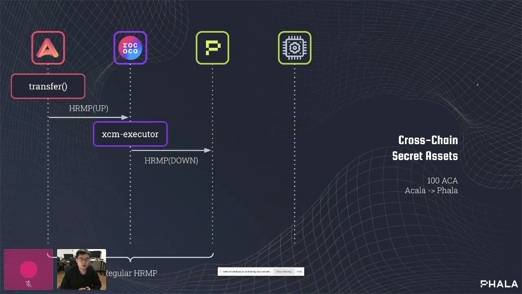So when the transfer is done on the Acala side, there will be an HRMP message from Acala to Rococo, and through the XCM executor on the Rococo side, it will redirect the message from Rococo to Phala network. This part, an upward message and a downward message combined together, is the regular HRMP.